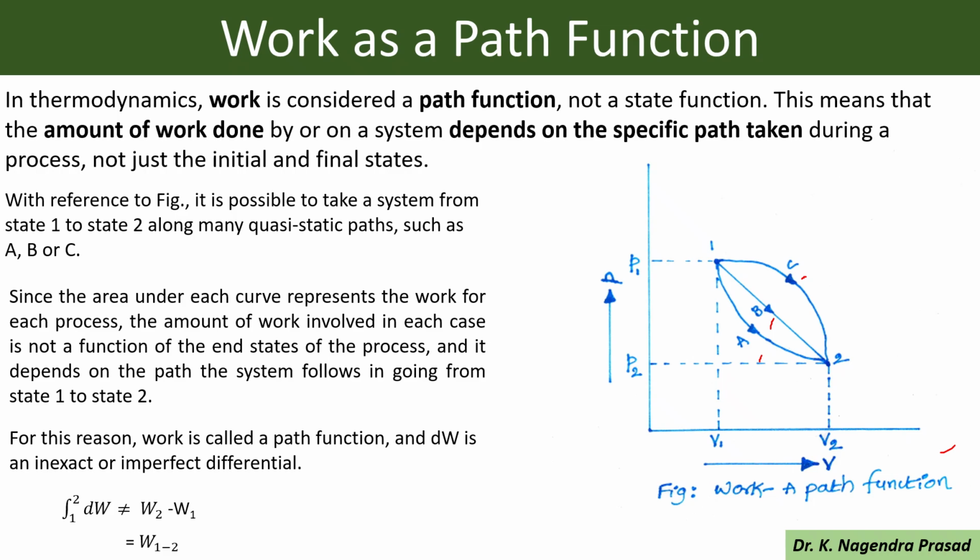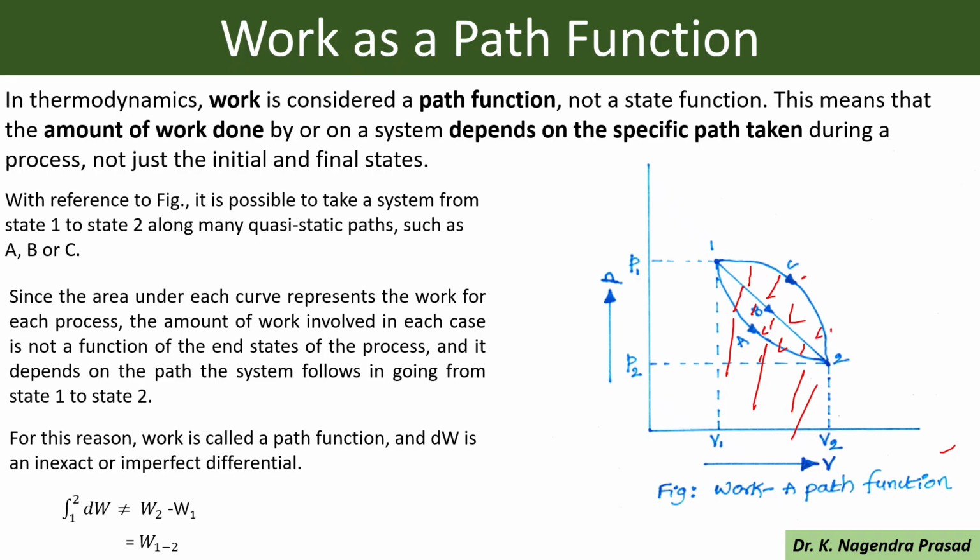We know that work done is equal to the area under the PV curve. So the area under the PV curve with path A is different, the area under the PV curve with path B is different, and similarly the area under the PV curve with path C is also different.